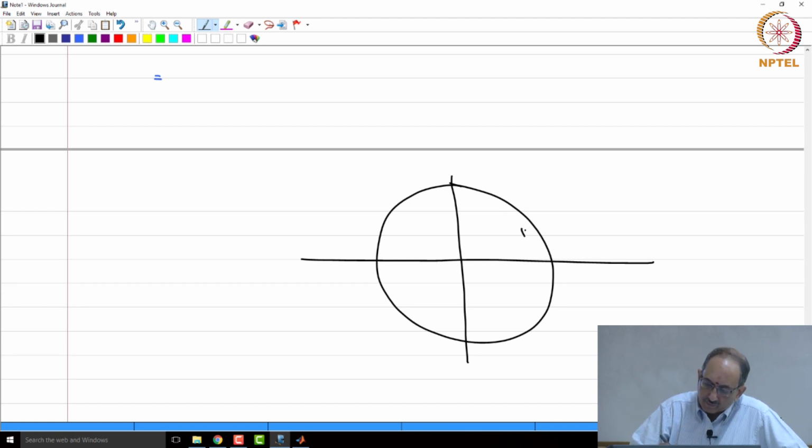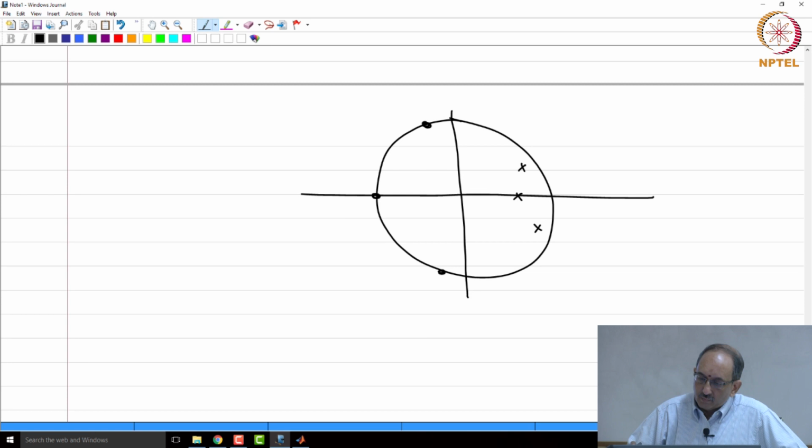Suppose I had a pole here, here and here, and suppose I had zeros like this. So, this is the pole 0 plot of the system. And now, what I want to do is I want to get a feel for the frequency response.